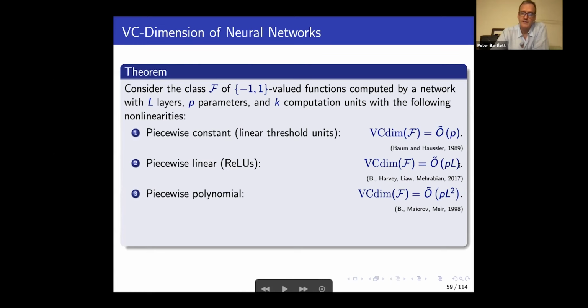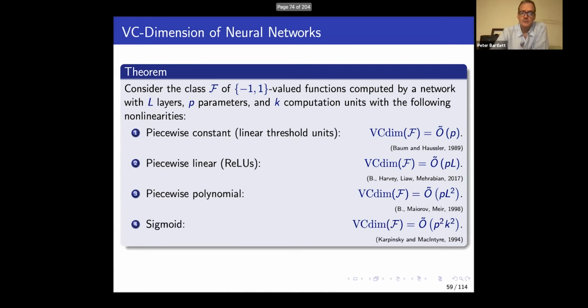We certainly know that for the piecewise linear case. And the sigmoid, all we have is an upper bound that's, as I mentioned earlier, order of the number of parameters squared times number of computation units squared. Again, this is an upper bound, and the best lower bound for that case is actually the same as the best lower bound for this case, which is the matching lower bound for the piecewise linear case.